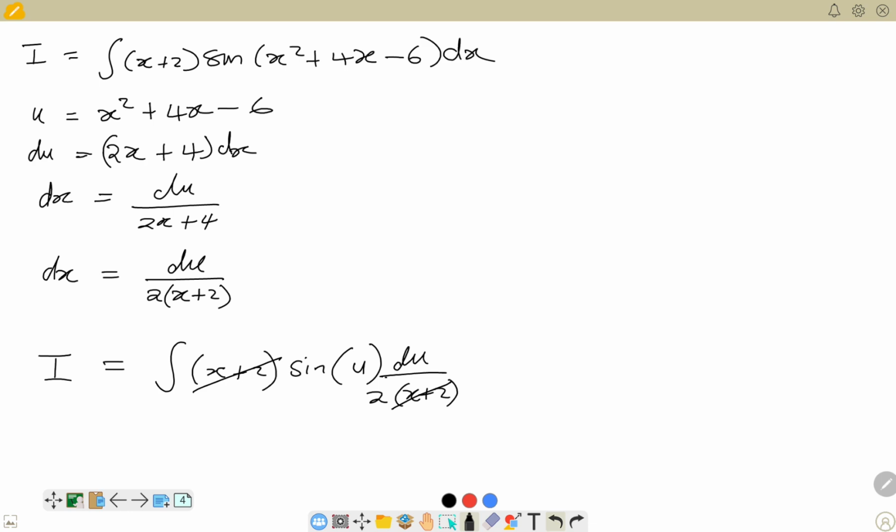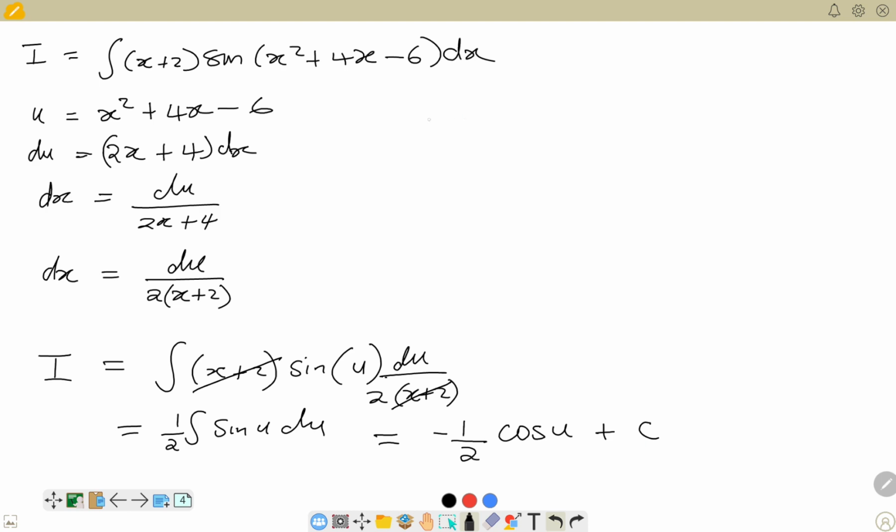So now our integral is actually in terms of u. So we can factor out 1 over 2 and write it like this, sine u du. And this now is actually integratable because we know that the integral of sine u is actually negative cos. So we'll have negative 1 over 2 cos u plus c.